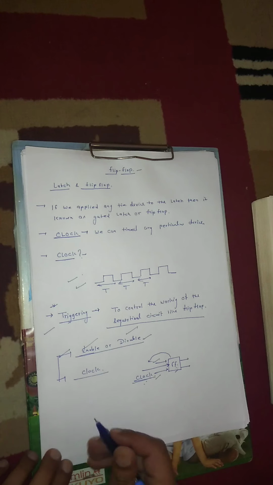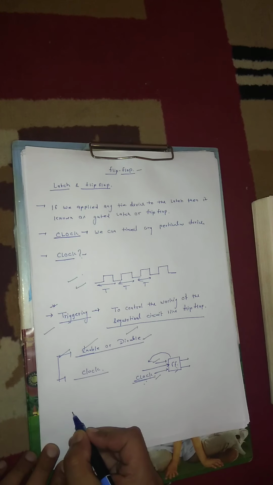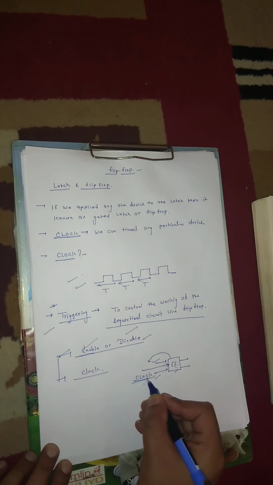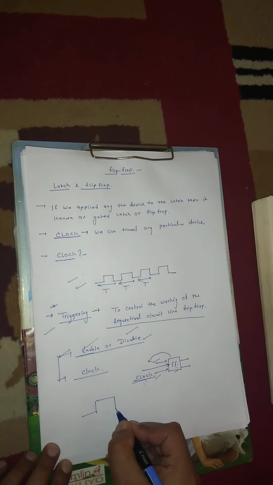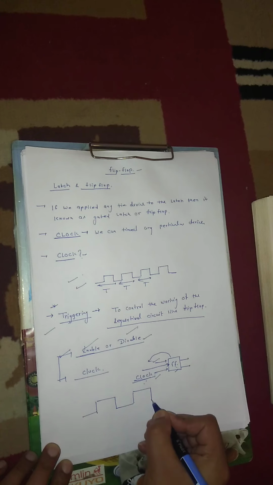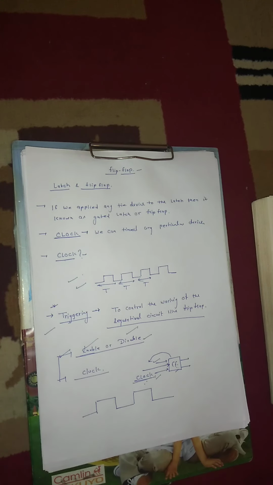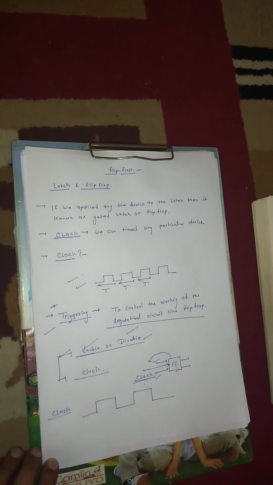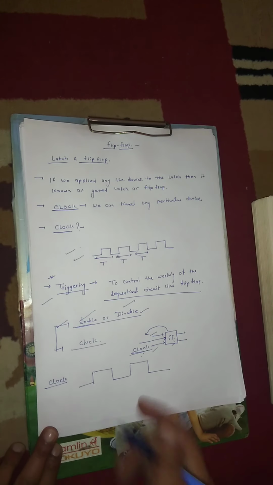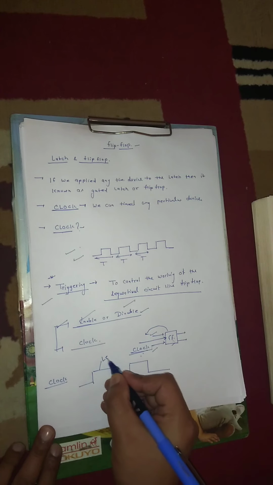So there are different types of triggering depending on which part of the clock we are using. Suppose this is a particular clock. There are two things in a particular clock. The first one is levels.